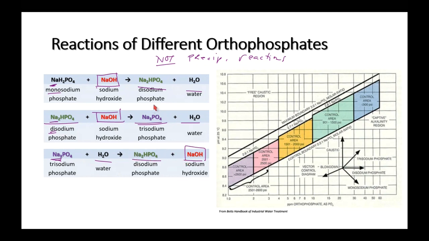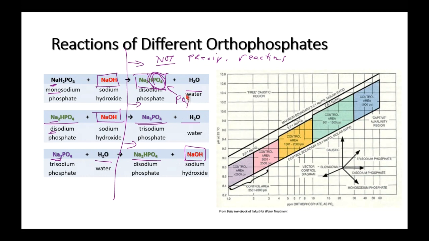So let's take a look at what's going on here. We want to make sure there is phosphate available. So let's just take a look at the products. The products are all on that side. Here we've got disodium phosphate. We've added monosodium phosphate and we get disodium phosphate. The main thing is we've got the PO4.